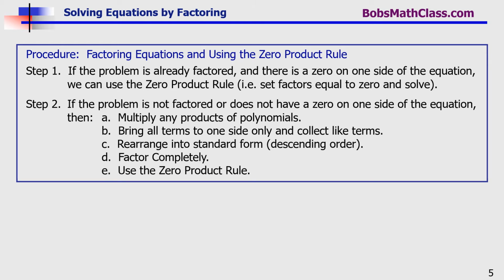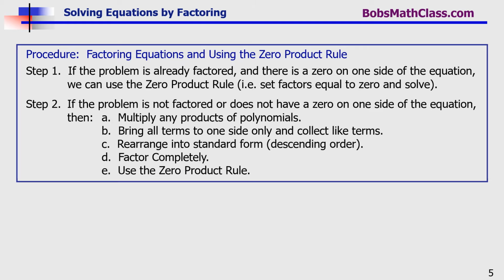Okay, now step 2 here we haven't done yet. If the problem is not factored or does not have a 0 on one side of the equation, then a couple of little steps here. Multiply any products of polynomials. So if there's parentheses, you've got to get rid of the parentheses.